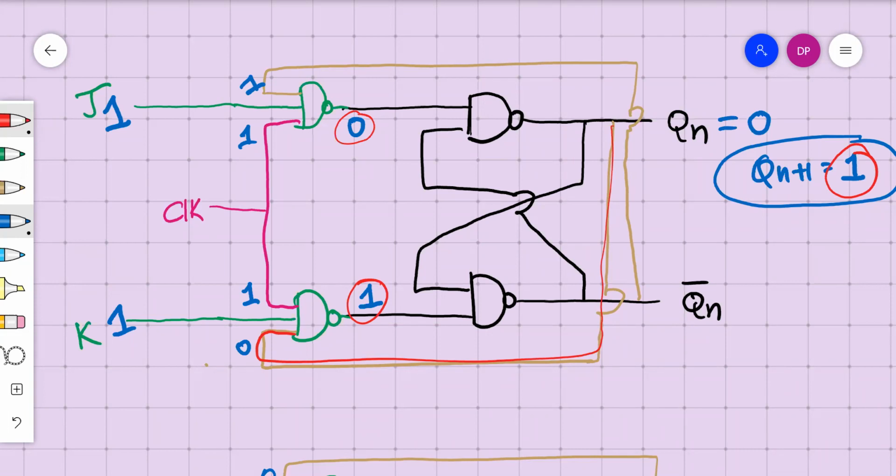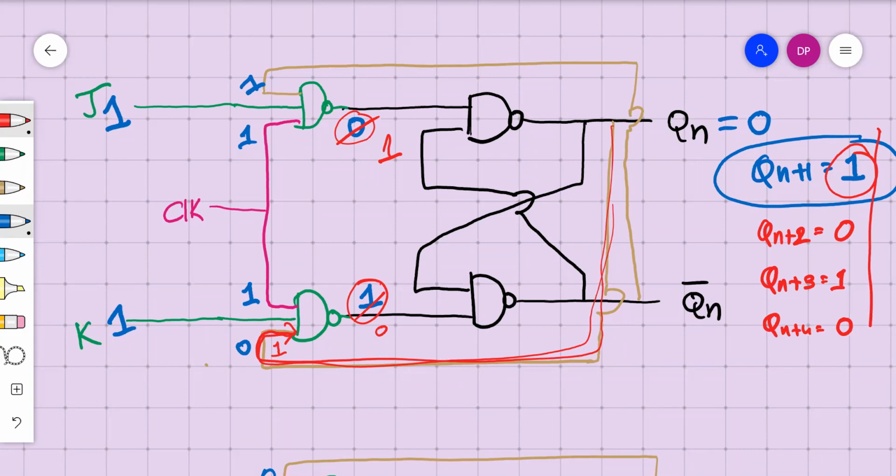Now when the next state becomes 1, this 1 again comes here. So 1, 1, 1, it again becomes 0, then again becomes 1. The next state becomes 0, again the next one becomes 1, again the next one becomes 0.